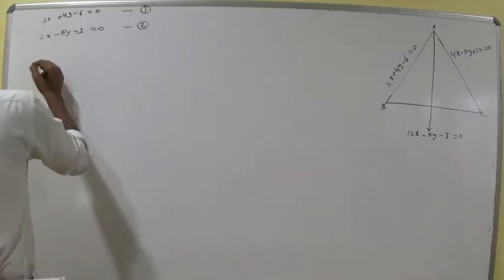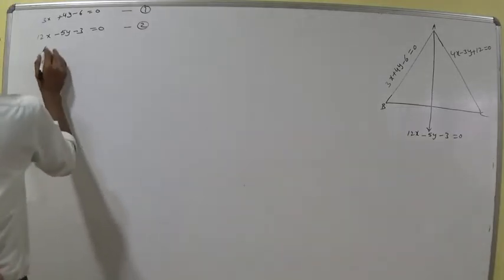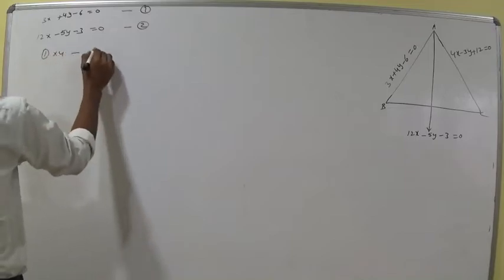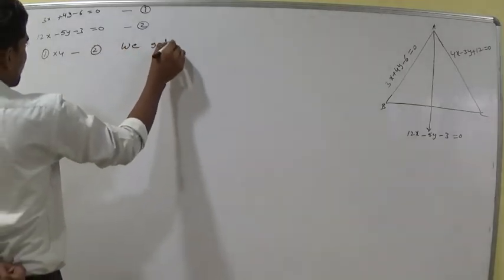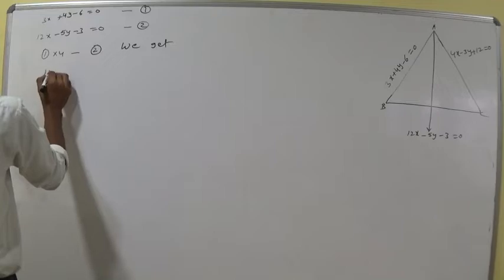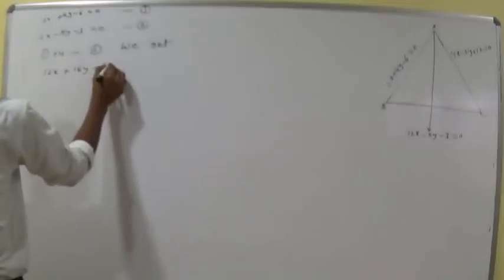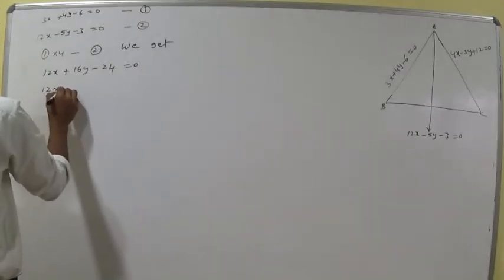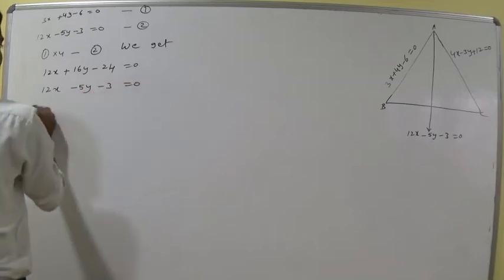Equation 1 multiplied by 4, we get 12x + 16y - 24 = 0, and 12x - 5y - 3 = 0.